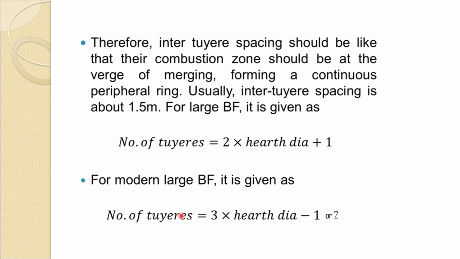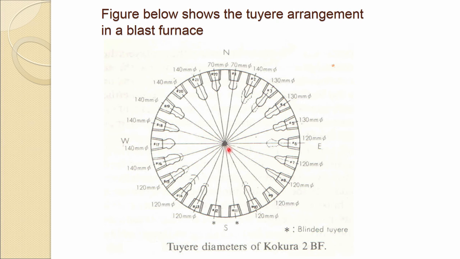Okay, I think before this let me show you this, so you can understand a bit about the interspacing we are talking about. This figure shows the Tuyere arrangement in a typical Japanese blast furnace, Kokura 2 blast furnace.